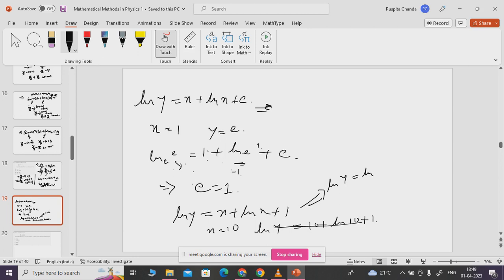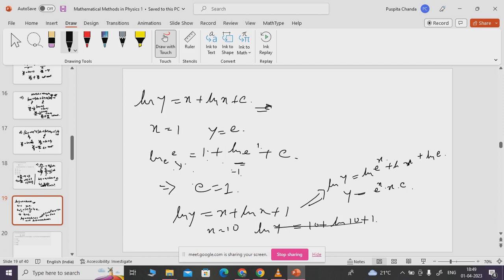Or we can write from here that ln y can be written as ln e to the power x plus ln x plus ln e.